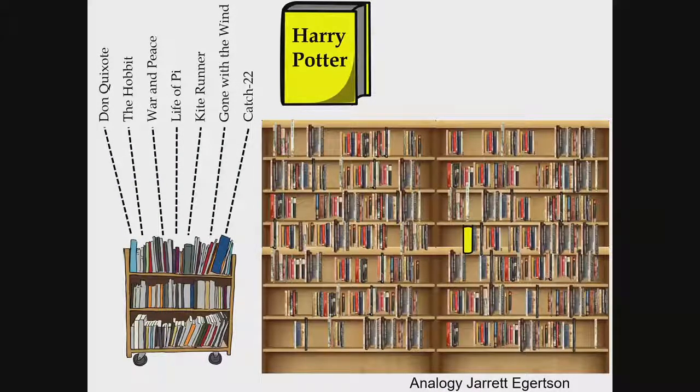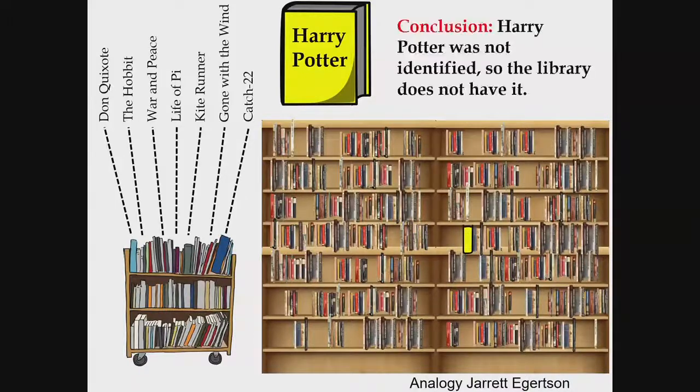So this isn't ideal, right? Because your chances of randomly selecting your book aren't that great unless, of course, your book's present in the library at a fairly high frequency, which it probably isn't. So the conclusion may be incorrectly drawn that Harry Potter, this book, was not identified, so the library doesn't have it. Of course, this makes no sense whatsoever.